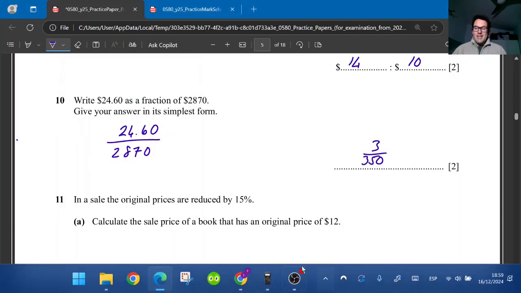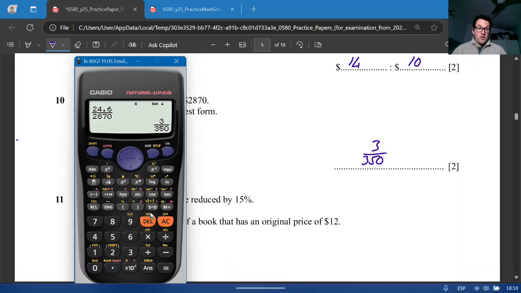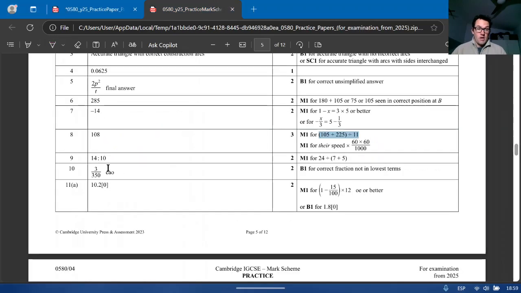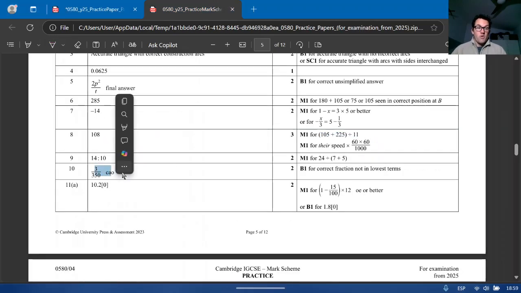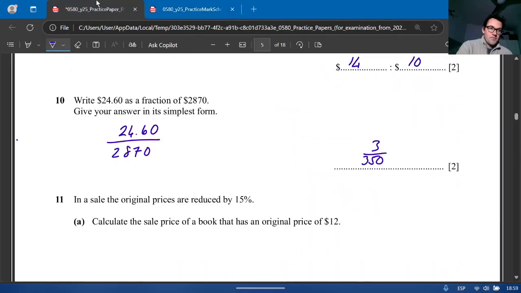If your calculator didn't give you the answer, make sure you have a calculator that you know how to use. You can swap between decimals and fractions. Learn how to do that. Okay, 3 over 350, correct answer only. Okay, so that's 2 marks.